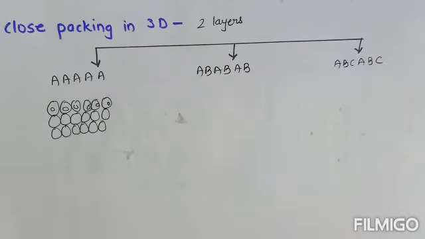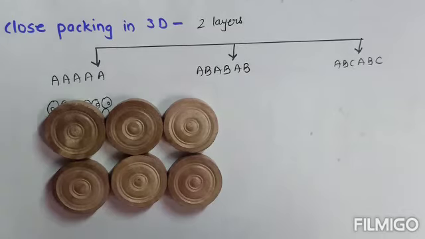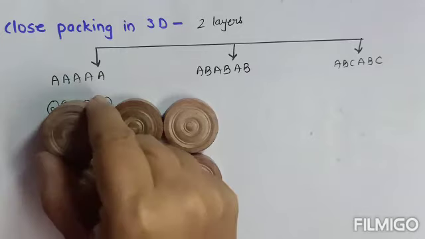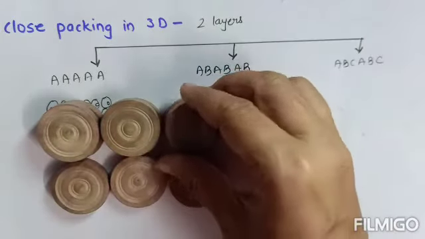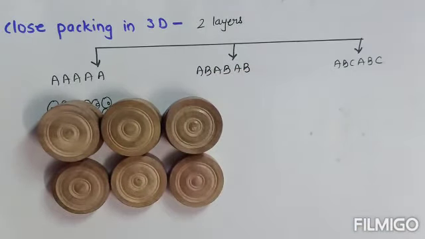That is what we call AAA type of packing. For example, this will be the first layer, where we are considering only the x-axis and y-axis. Now when we consider the z-axis, the second layer will be placed exactly above these particles. So that is called AAA type of packing.